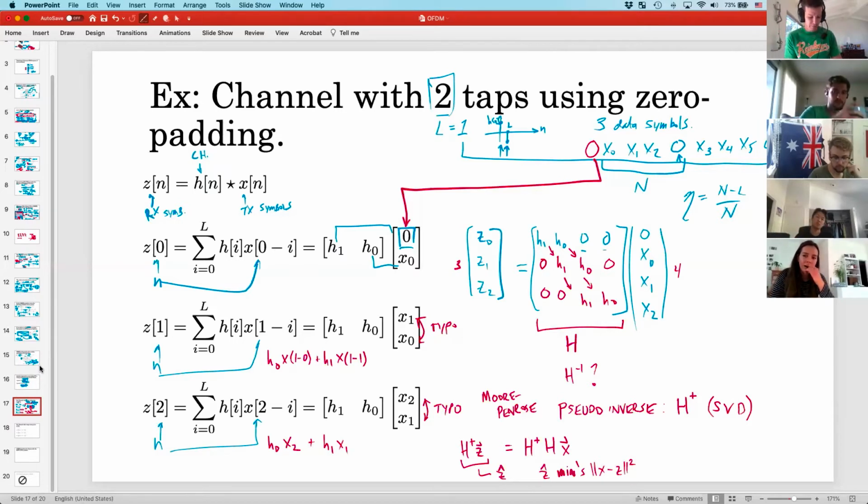I don't think so. In my experience, you can find the pseudo-inverse of any matrix. Oh, okay. Your estimate is going to be only as good as how far your matrix is from true invertibility. So yeah, I'm not familiar with that restriction.